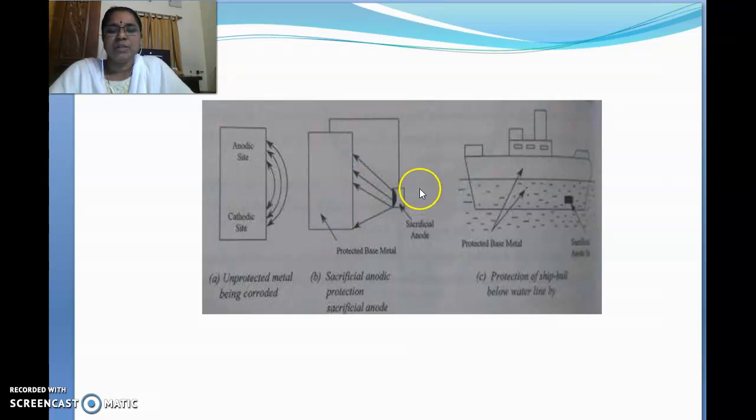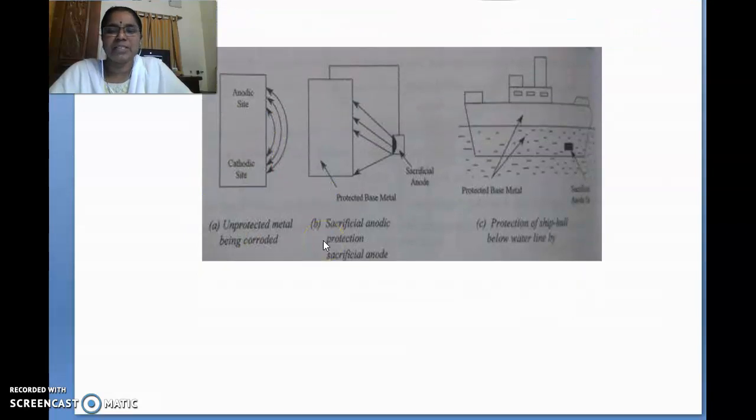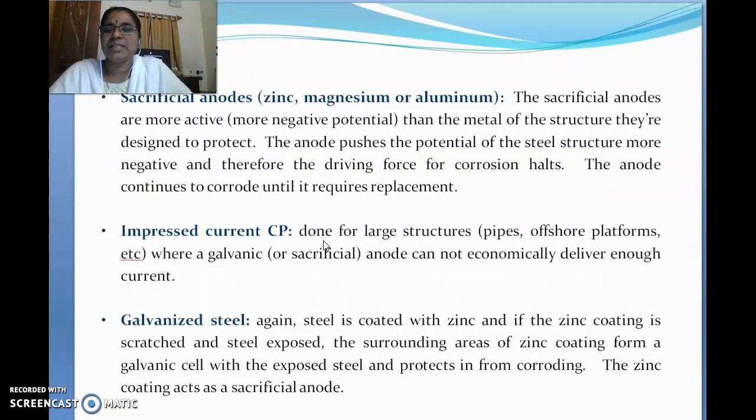If you do not connect a sacrificial anode, in this block one part acts as anode and another part as cathode, so corrosion of the metal takes place. This is called the sacrificial anode.